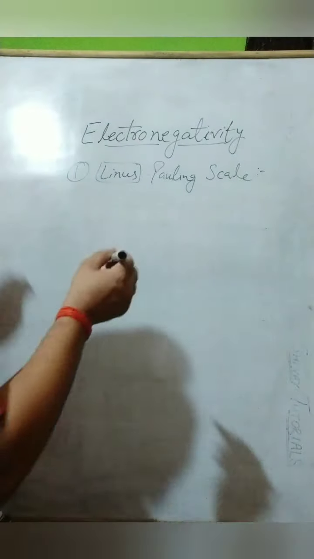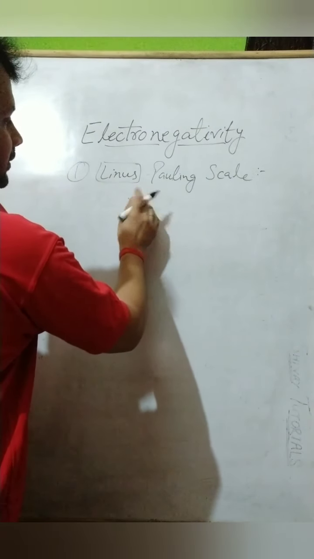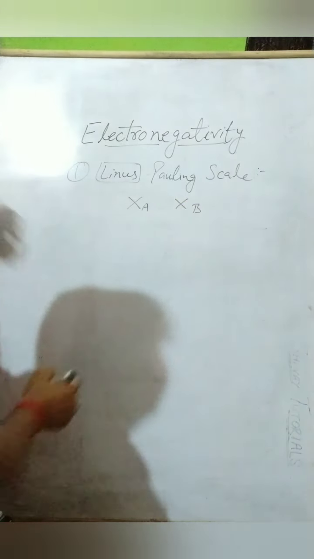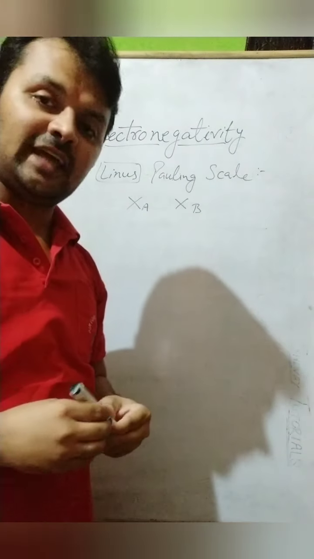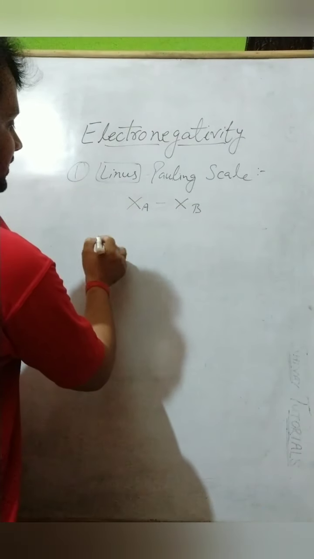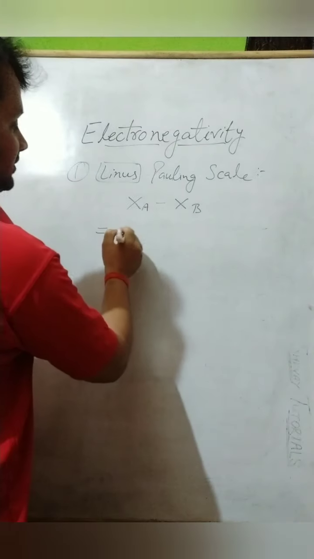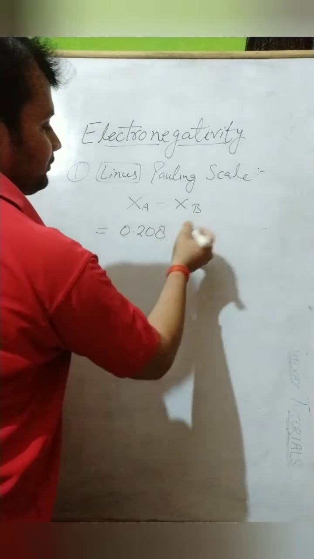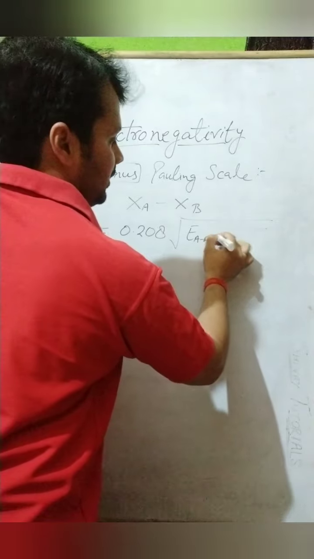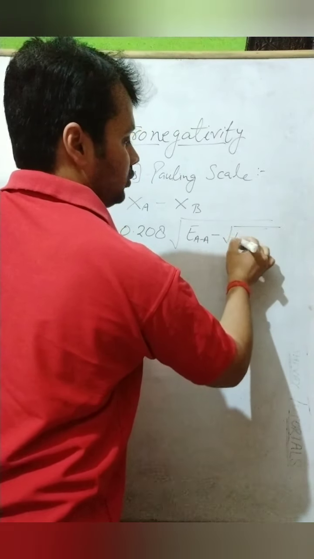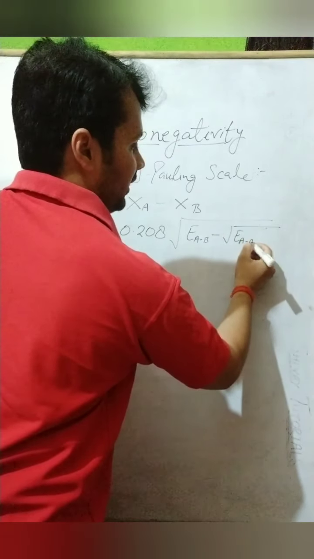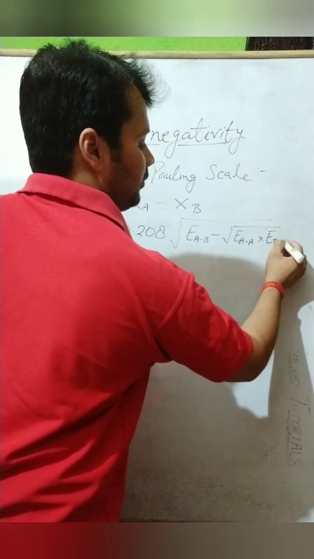If we say that XA and XB are the electronegativities of two atoms, then the difference between the electronegativities can be calculated by this formula: 0.208 times the square root of E_AB minus the square root of E_AA times E_BB.